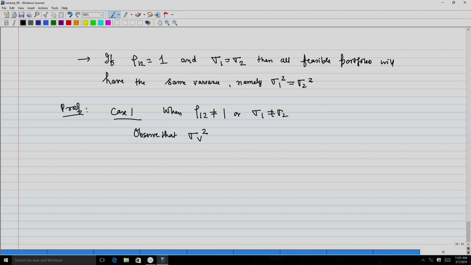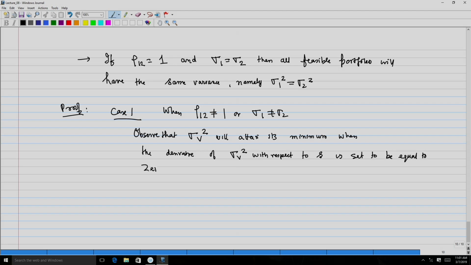So, you first observe that sigma v square, which is a function of a single variable s, will attain its minimum when the derivative of sigma v square with respect to s is set to be equal to 0.